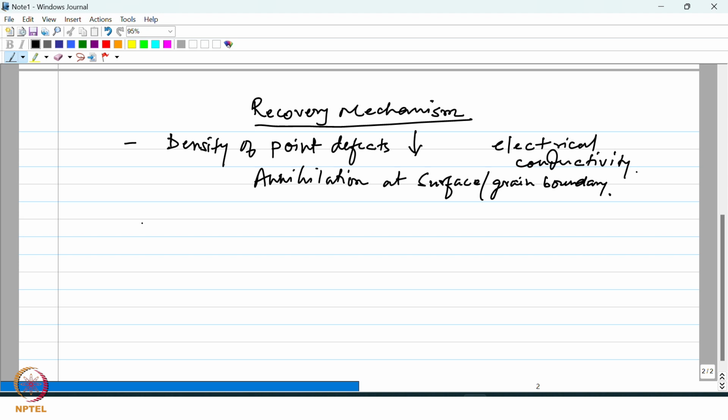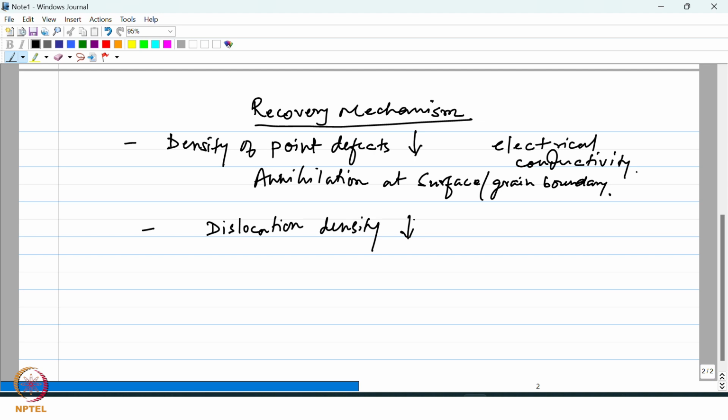Then the density of dislocations will also reduce. So this will occur if the dislocations are annihilated by some mechanisms.